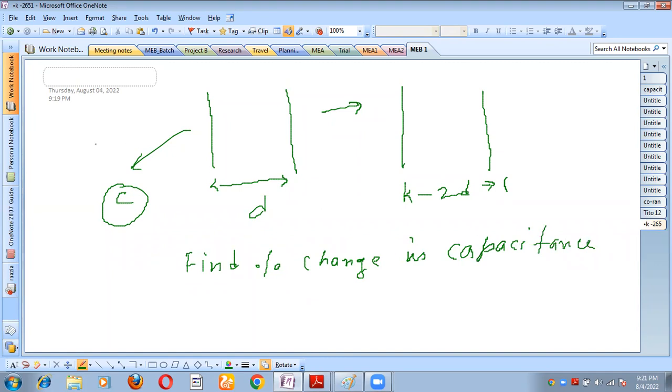There is a capacitor having capacitance C, and the separation between the plates is changed from d to 2d. We have to find the percentage change in capacitance. Both of you try this question. This is a very basic question based on capacitors. Then we will do some concepts, then we can do NEET and JEE questions. Both of you understood the question? Yes, sir.